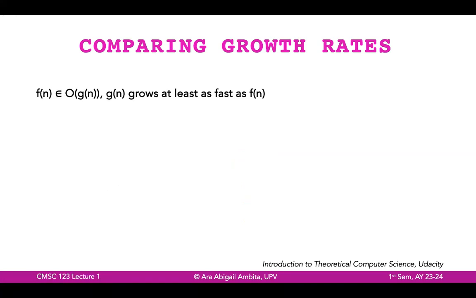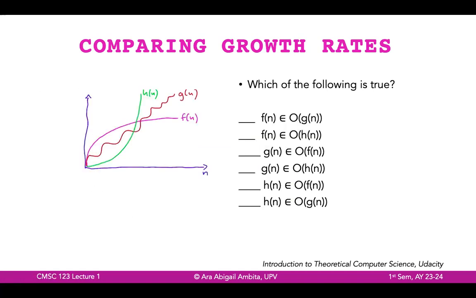All right. So if you remember, we had f of n is in O of g of n, or this function f of n is being bounded by O of g of n. So to understand that, if we look at this graph, if we say that f of n is being bounded by g of n, or f of n is in O of g of n, then it means that g of n grows at least as fast as f of n.